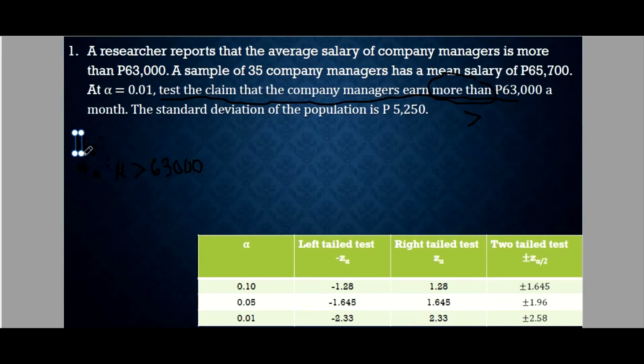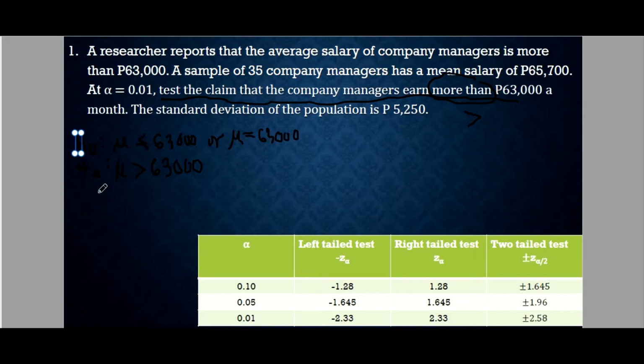Thus, since the null hypothesis is the opposite of the alternative hypothesis, you may write the null hypothesis as the mean is less than or equal to 63,000. Or you can just simply use the equal sign. So either of these two null hypotheses are acceptable.